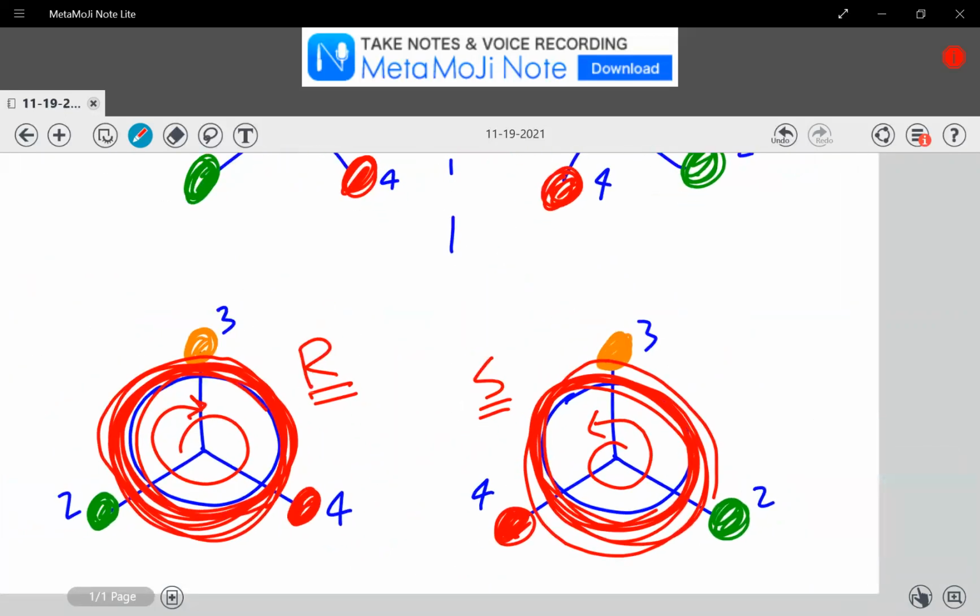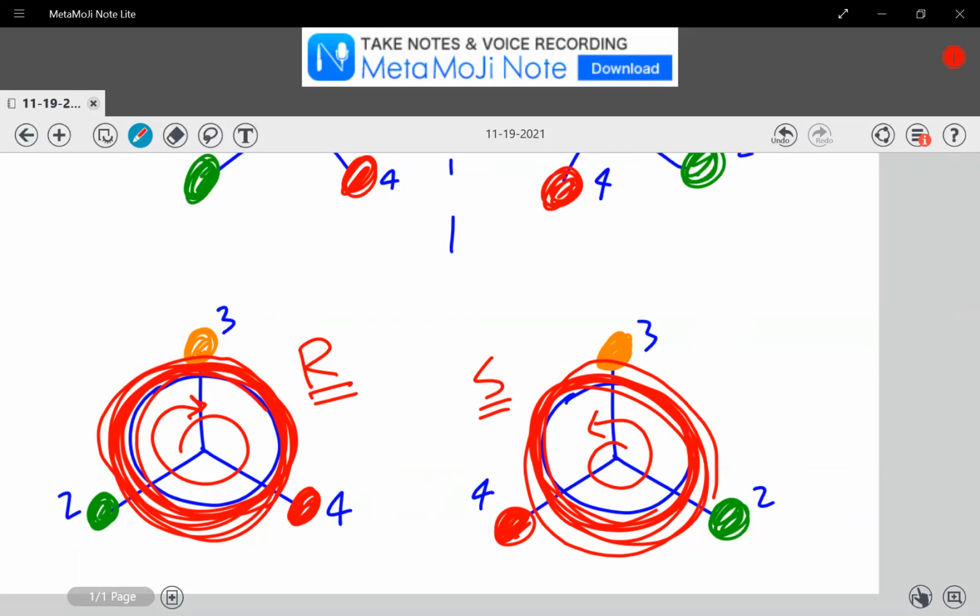In R, we spin to the right. In S, we spin to the left. R to the right, clockwise. I don't know what other way you can call it. S to the left, anti-clockwise, counterclockwise, and I don't know how else you can call it. That's how you determine R or S, okay?